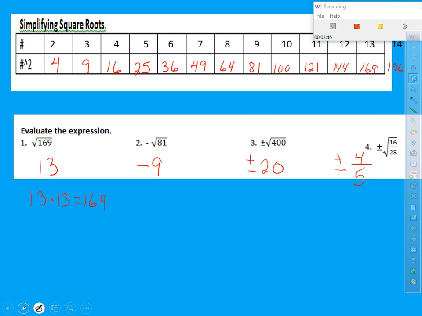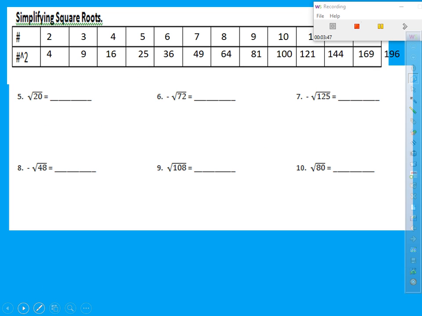Now, I'm going to slow down a little bit on my next little group. On 5 through the rest of them, I want to break down the radical. Notice that we do not know the square root of 20. 20 does not show up in our bottom row, so it's not a perfect square. But here's how we're going to handle this, and here's the work you've got to show me. We're going to write this as something that we know the square root of and something we don't know the square root of.